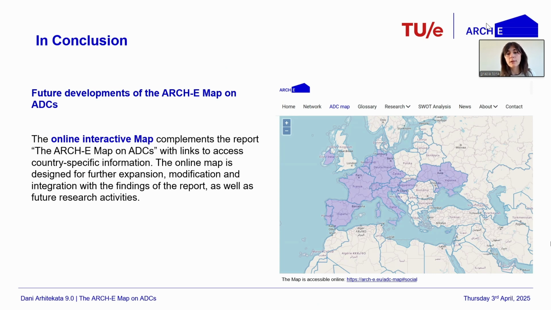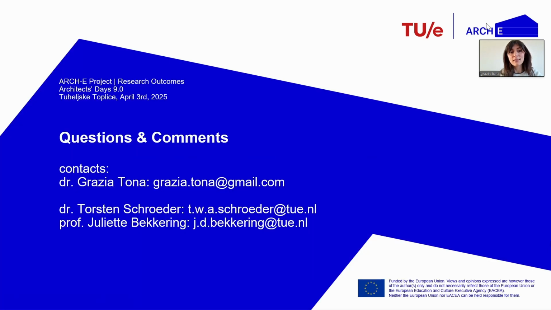The online map provides some additional links and tools to explore what happens in each country, and our plan is to integrate the map also with the findings of the report as well. And so hopefully this tool can grow in the future and provide even more insights on the competition culture of Europe. And I will leave it at that.